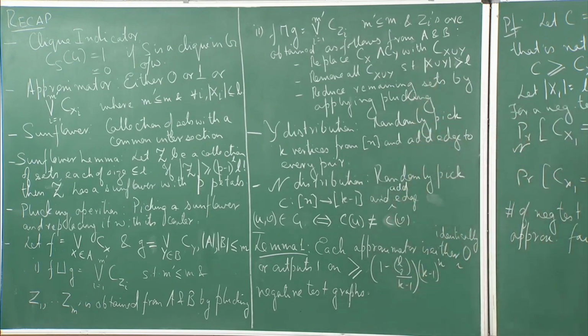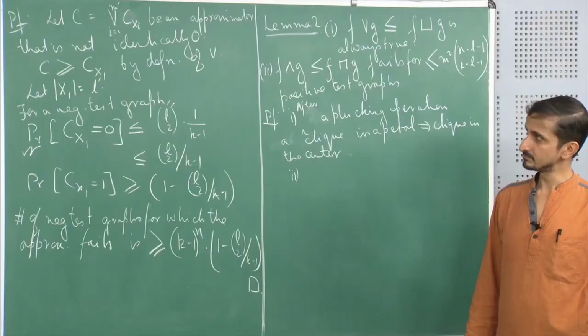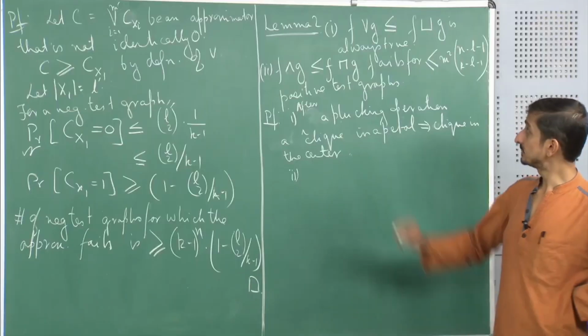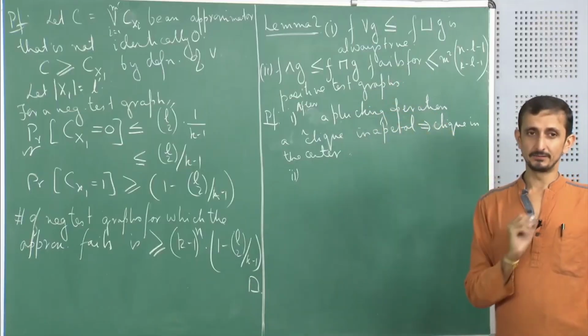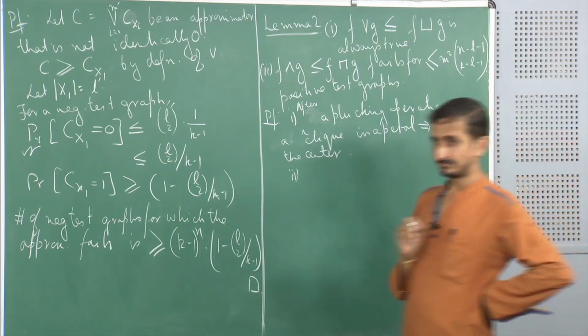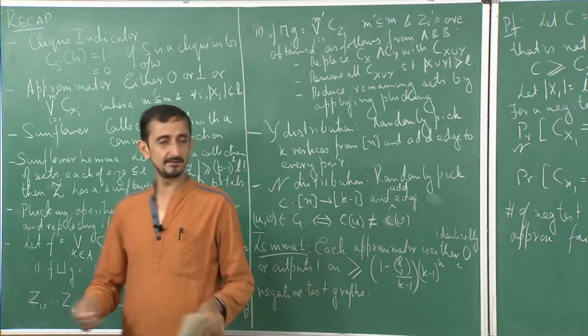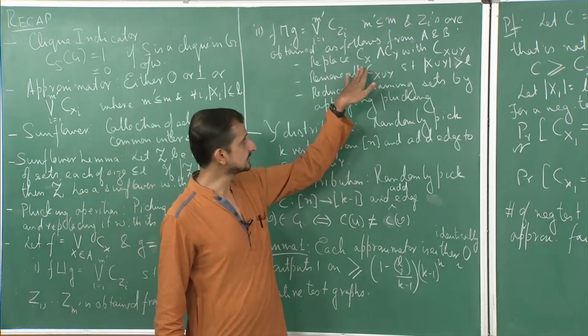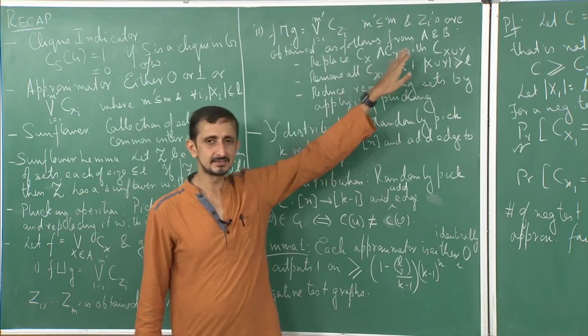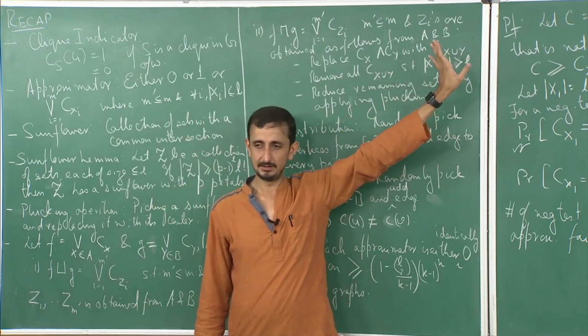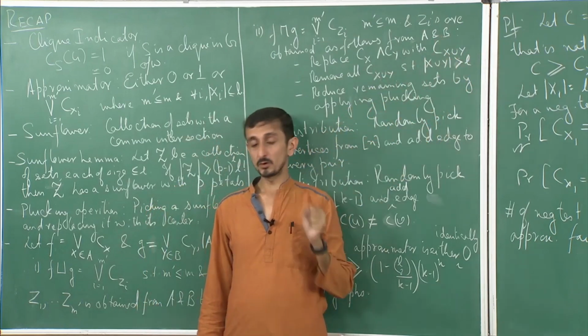Can this fail in the first step? The key is we are looking at positive test graphs. Of course this can fail in general. If you look at a general graph, if x and y have a click, it does not mean that x union y will have a click. There is no guarantee. But what about a positive test graph?